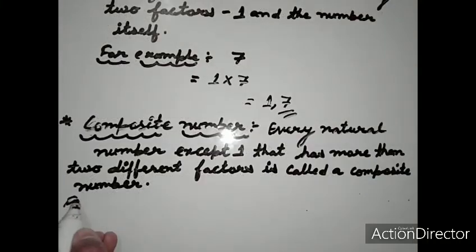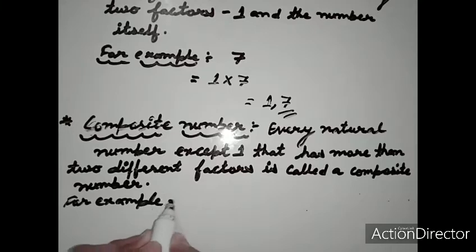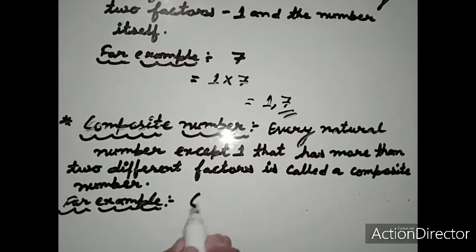Example of a composite number, like 6. If you find the factors of 6, we take a direct method.